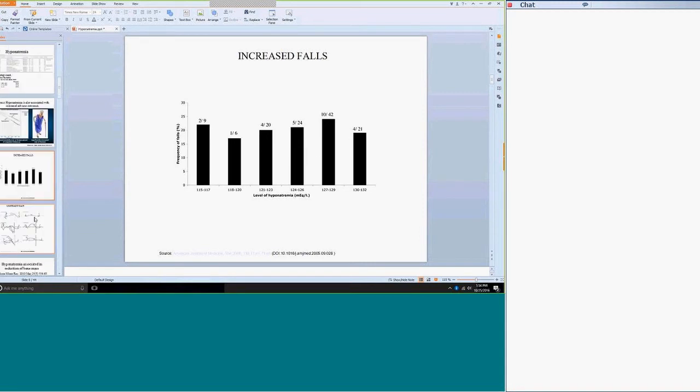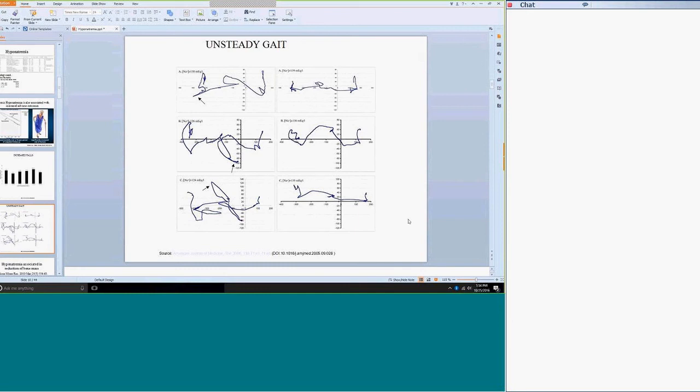So if you fall more, there's another very good experiment where people were deliberately made hyponatremic by giving them lots of water, and they were made to walk on a line while attached to special equipment which analyzed their gait.